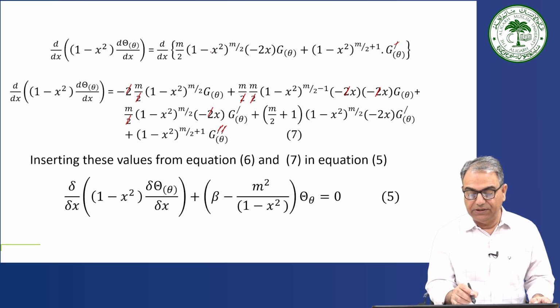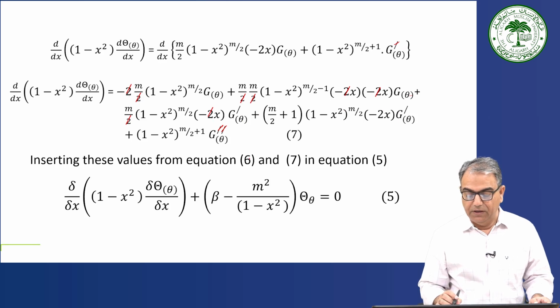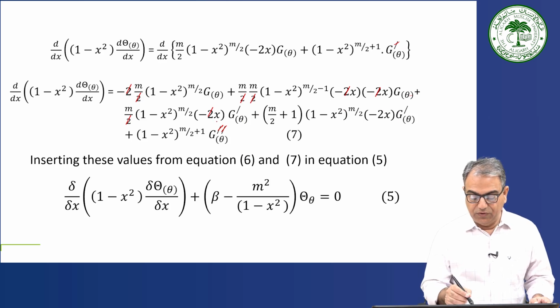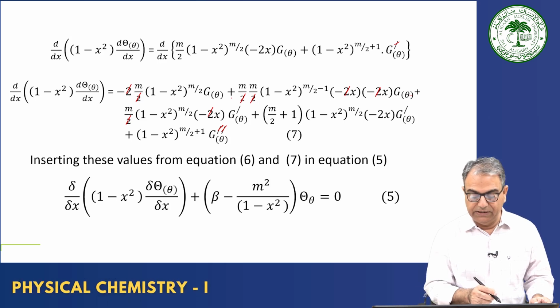So differentiate this one, and you will have the first term, second term, third term, fourth term, and then the fifth term. All these terms you will get. And finally if you cancel those things, this 2 and 2, this 2 and 2 will go.